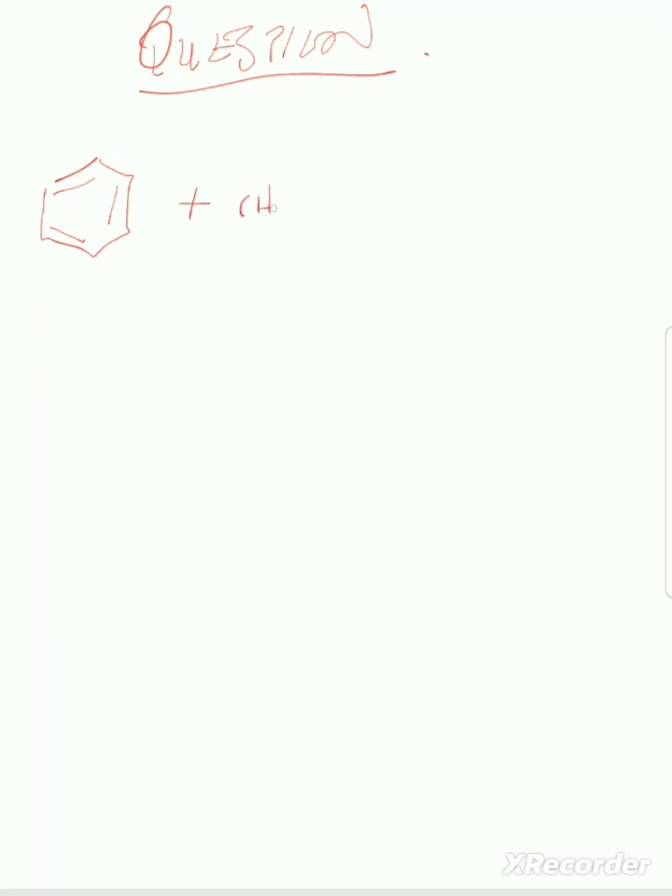All right, so this is now a question. This question you can find in an exam, so pay attention. I'm going to write like this. This is a benzene. Then they say it reacts with CH3CH2CH2Cl, chlorine like this, in the presence of aluminium chloride.